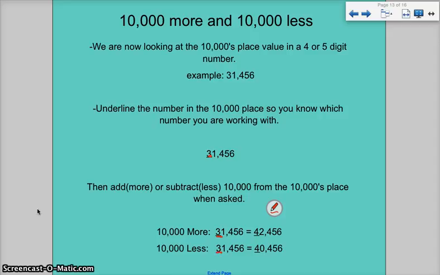So 10,000 more than 31,456 would be 42,456. Sorry, third graders, there's a mistake on the board. That would actually be 41,456. I'm not quite sure why that place value changed.